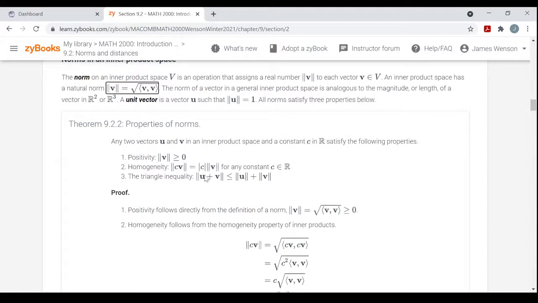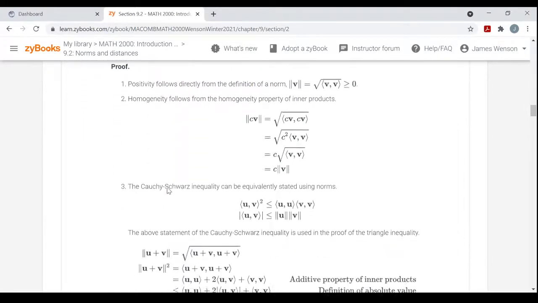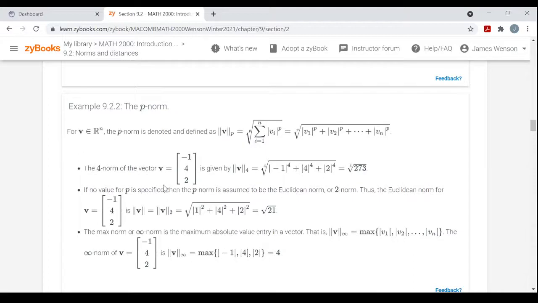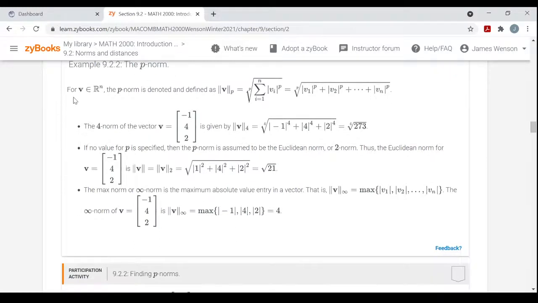But there are some other functions that satisfy these three properties as well, and they show you some of these here. So these are called the p-norms. These different kinds of norms are just for Euclidean space, just for Rn.